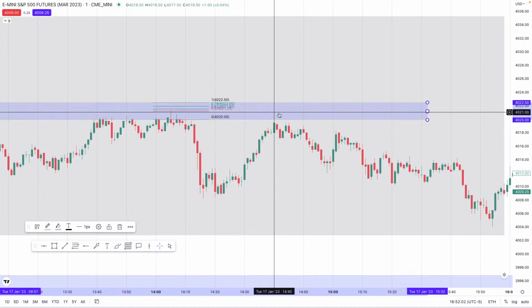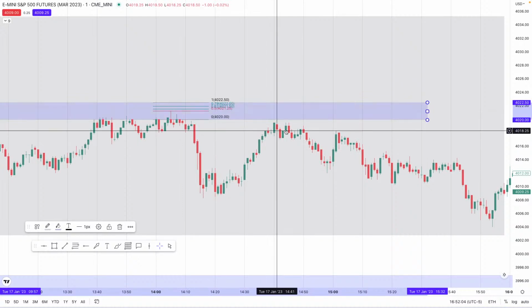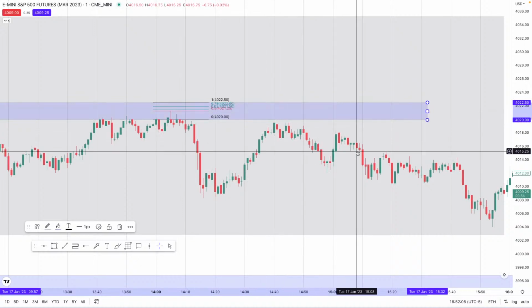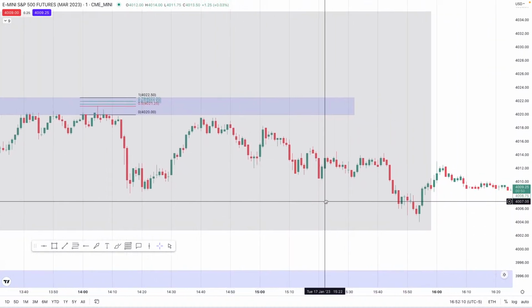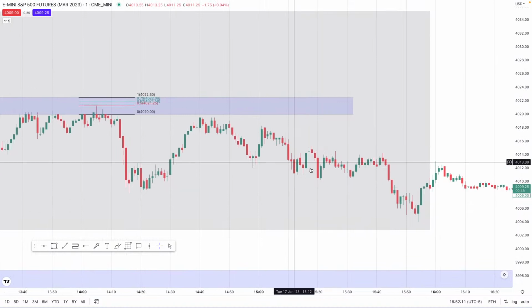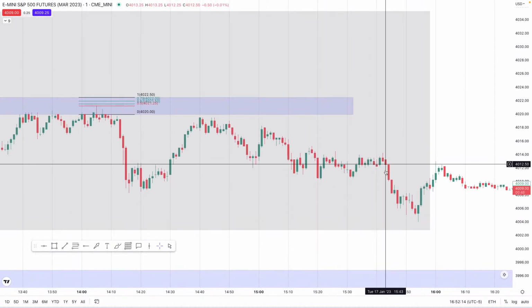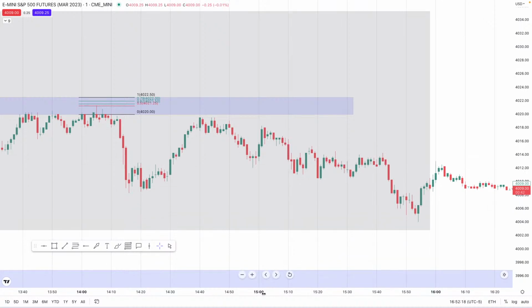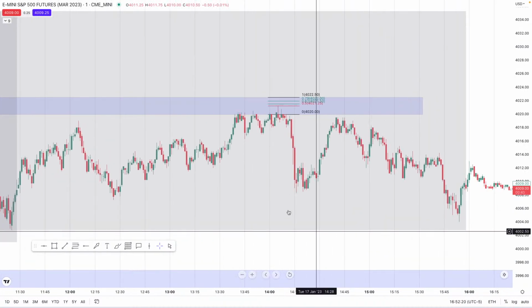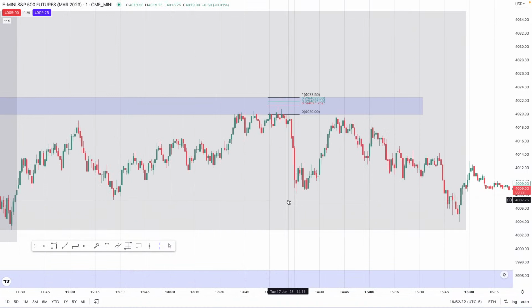Doesn't get into the BPR, and then it slowly starts making its way down. Consolidation, and then punches through. My end target was 4,007, which was right below this low that it made right here.